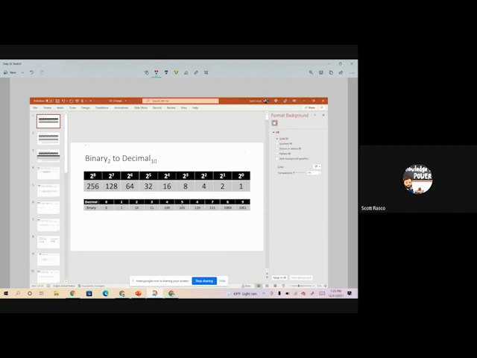In decimals, we're going from 0 to 9. Well, binary only has two, and all of our number systems will start at 0. So the binary system is only going to have the numbers 0 and 1. With 0 and 1, these two numbers together are going to create our binary system.